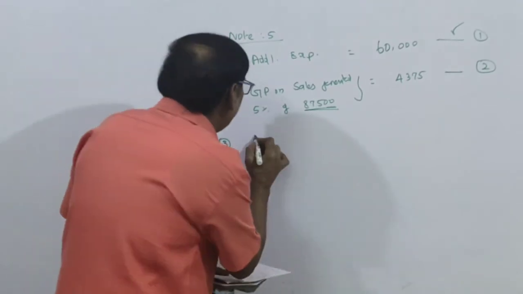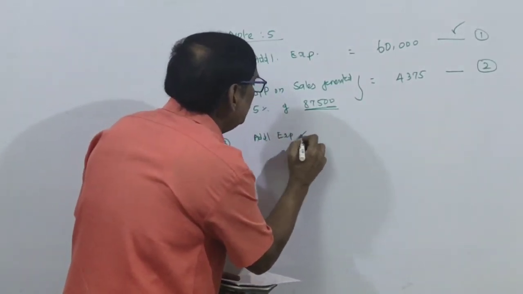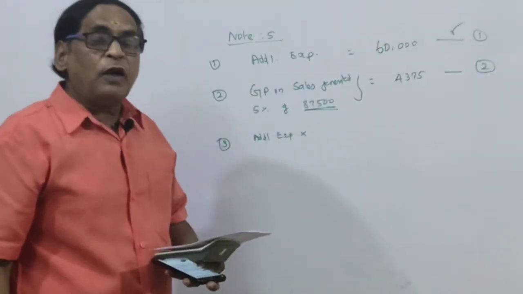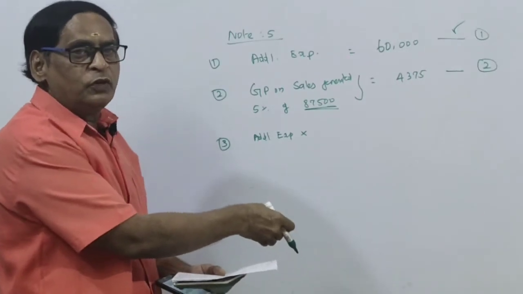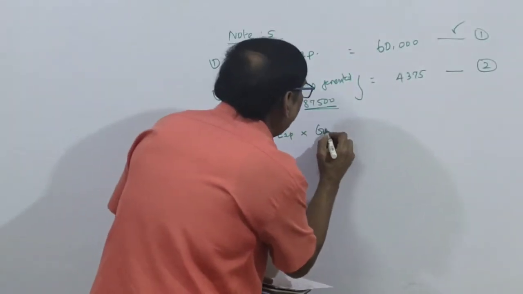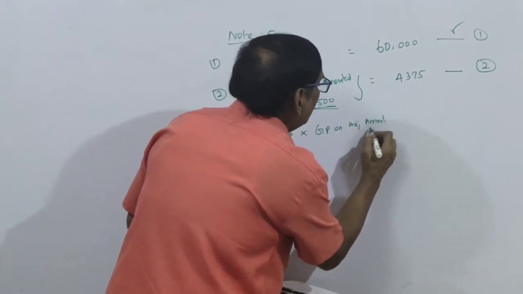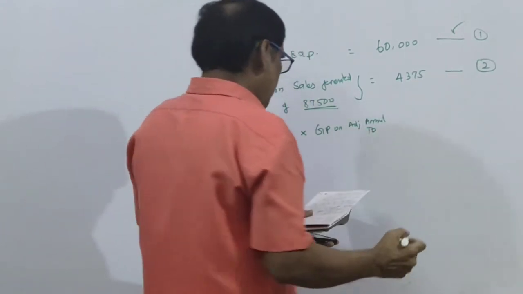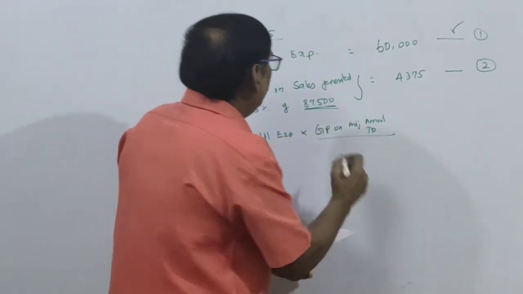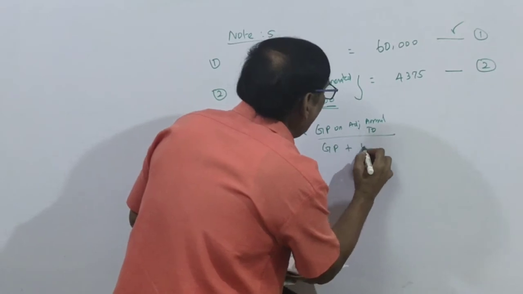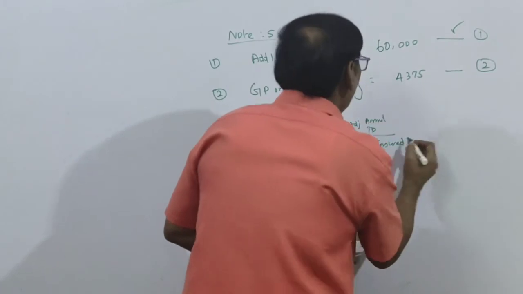So additional expenses into gross profit on adjusted annual turnover, divided by gross profit plus uninsured charges.